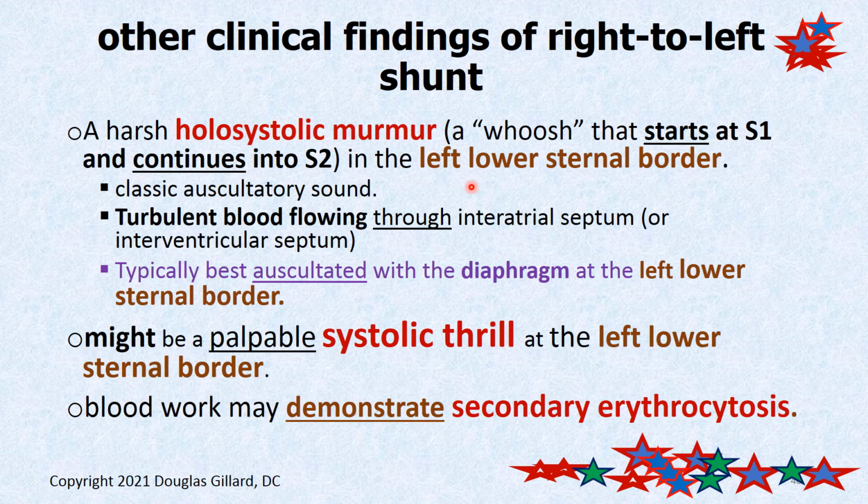This is best heard at the lower left sternal border, and you'll hear a whooshing murmur. Instead of lub-dub, lub-dub, lub-dub, it's whoosh-dub, whoosh-dub, whoosh-dub. That's a holosystolic murmur of the blood going across the ASD or the PFO.